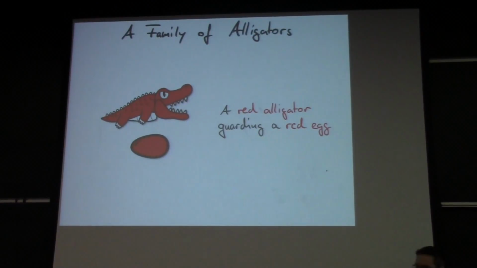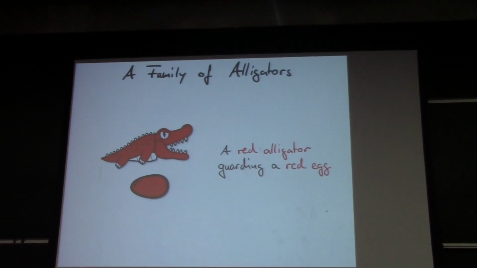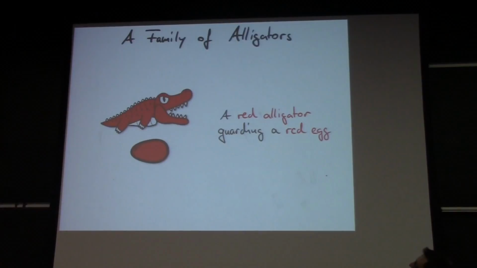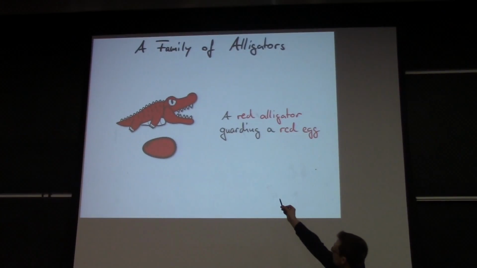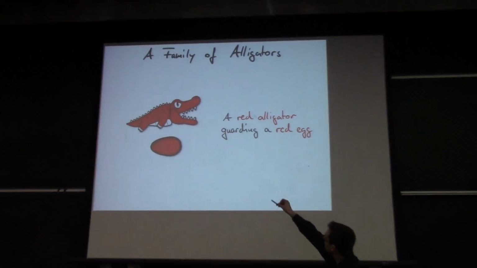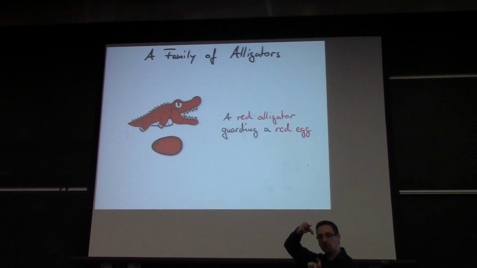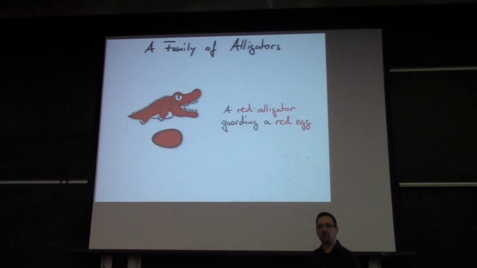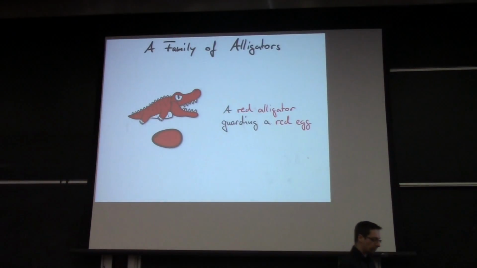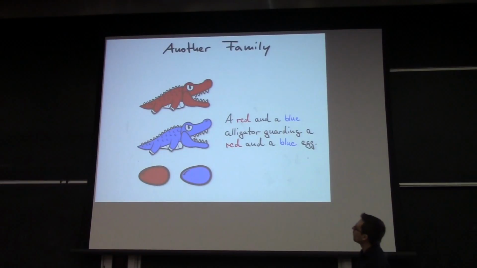The actual programs are families of alligators. So here is a program. It's a somewhat boring one, but anyway. It consists of a hungry alligator, this red guy, and a red egg. When I'm stacking them on top of each other, you can think of this red alligator as guarding, protecting the red egg. So here's a more complicated family.